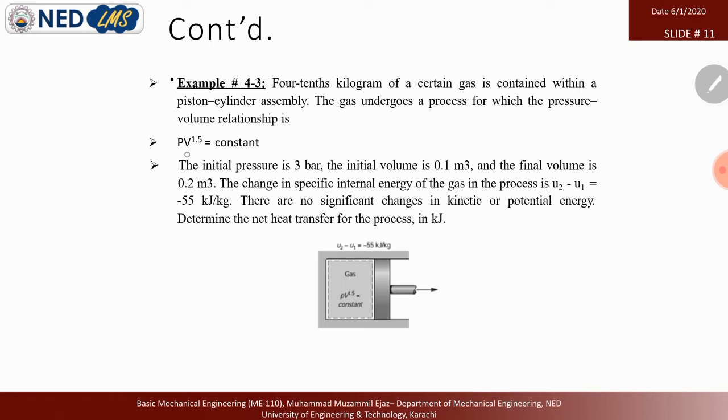Even if we change the value of n from 1.5 to 1.2 or 1.3, we apply the same formula P2V2 minus P1V1 upon 1 minus n, replacing n with 1.3 or 1.2 to get the work done. And then we apply the same formula for the sum of all energies, kinetic, potential, internal, is equal to Q minus W. So now we can solve this numerical.